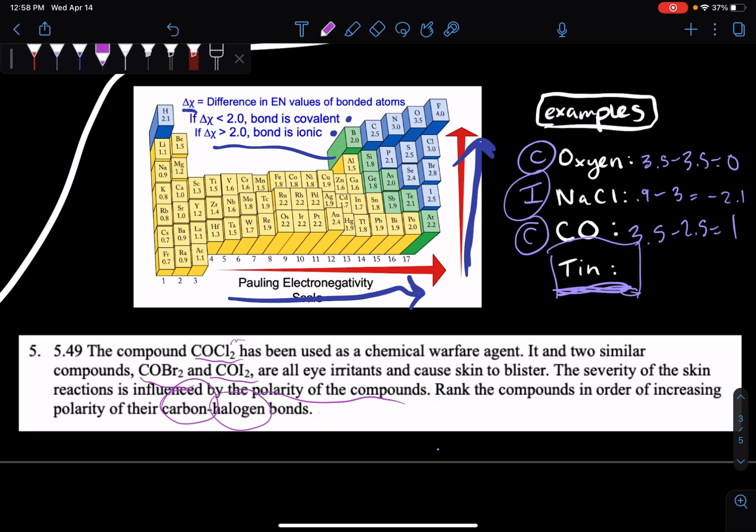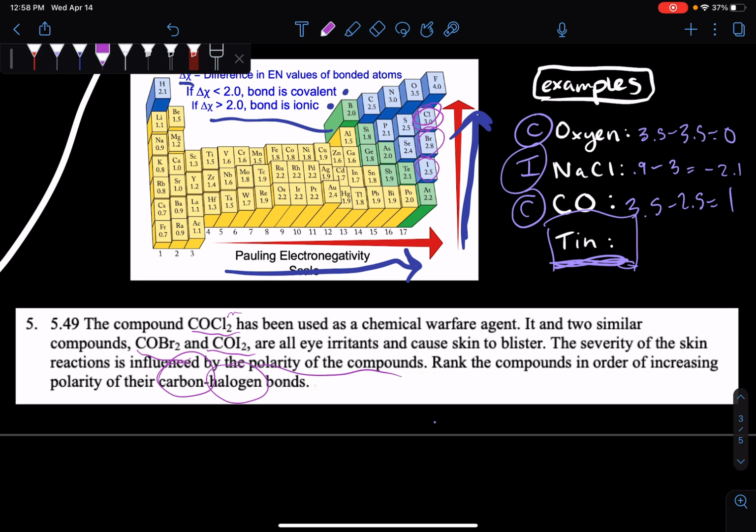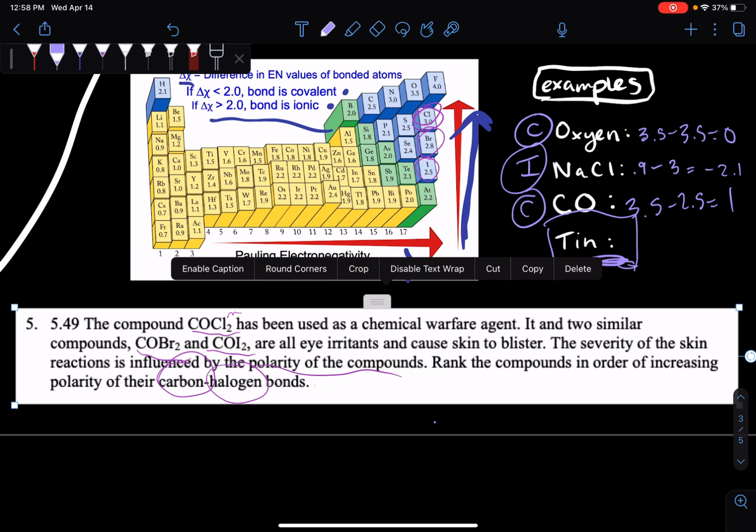So here we're going to have our halogens, and the first one is Cl, the next one is Br, and the last one is I2. So if you want to take a second, pause the video, and practice. But it's going to go in the order of least to greatest electronegativity.